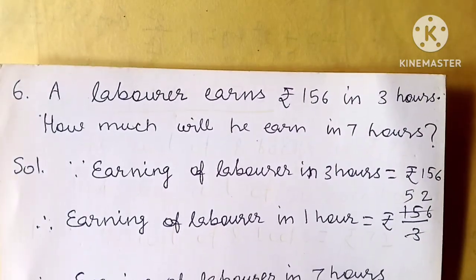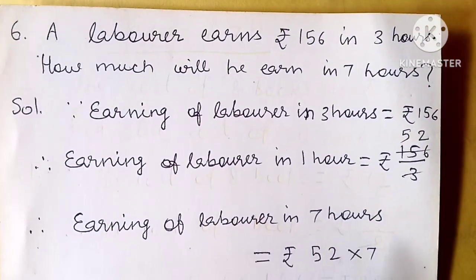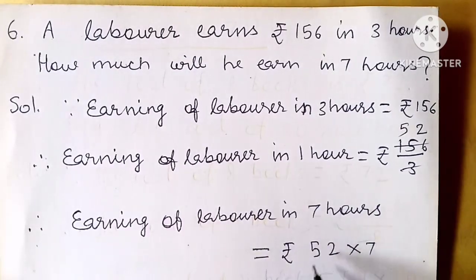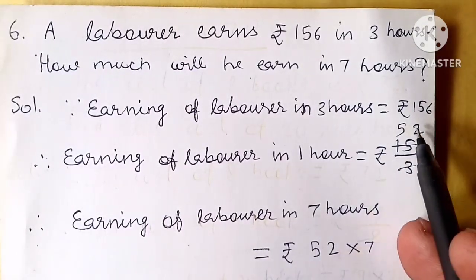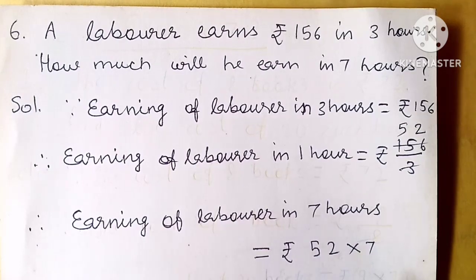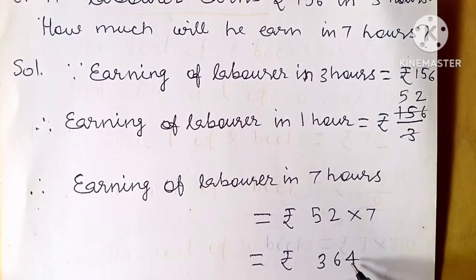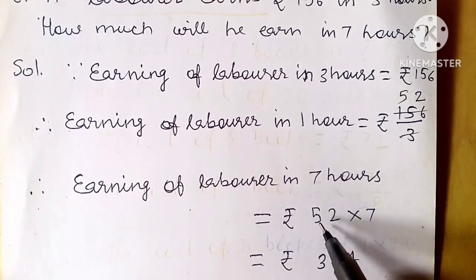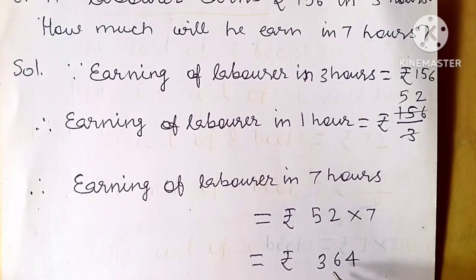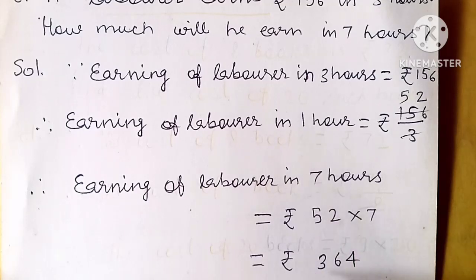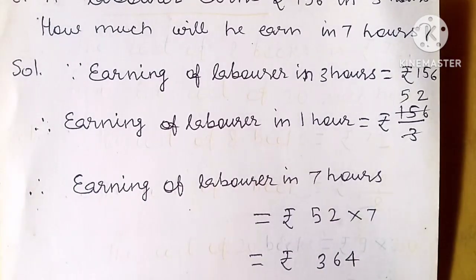We need to find earning of laborer in 7 hours. Therefore, earning of laborer in 7 hours will be rupees 52 multiplied by 7. If you multiply 7 by 2, the answer is 14, carry 1, 7 5s are 35, plus 1 is 36. This is the earning of the laborer in 7 hours.